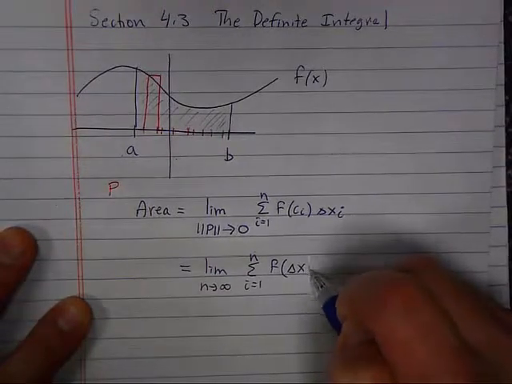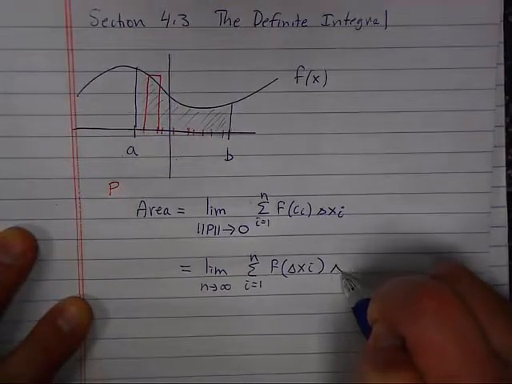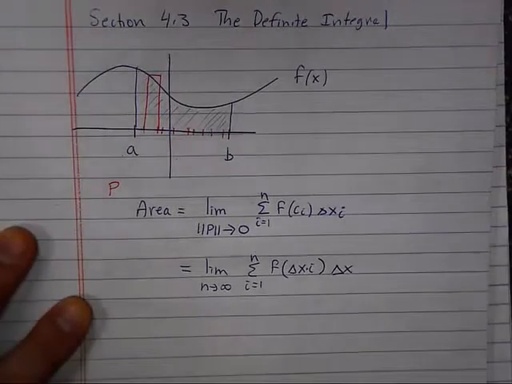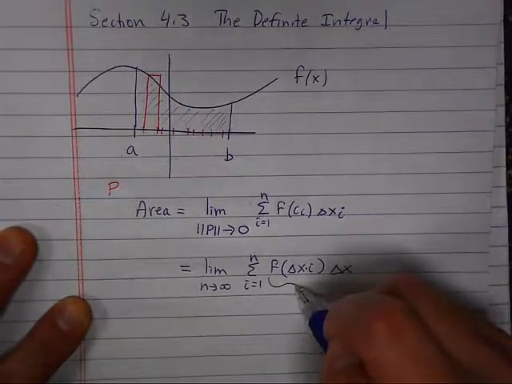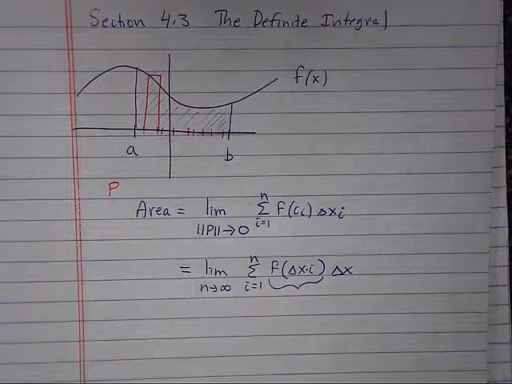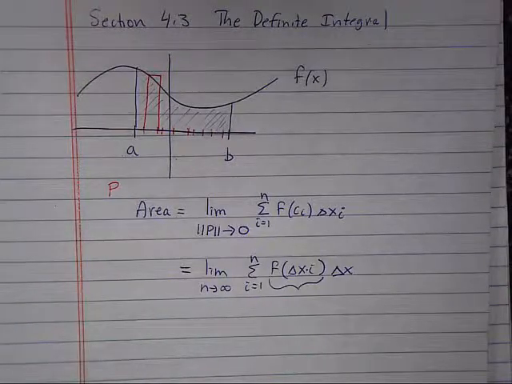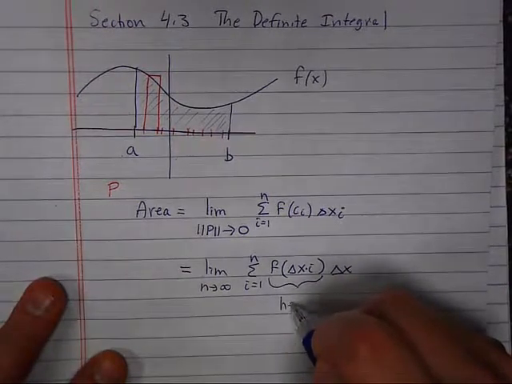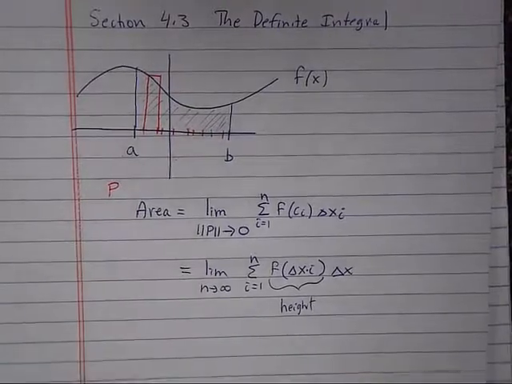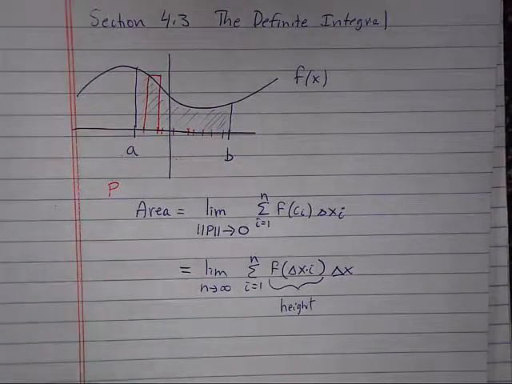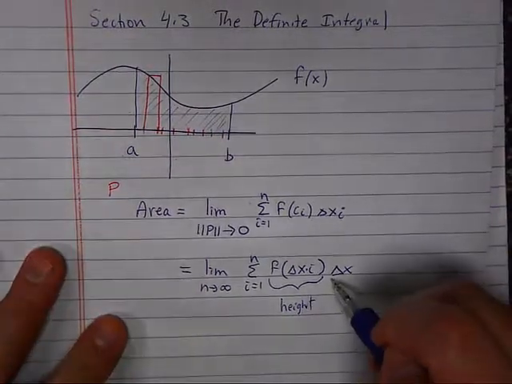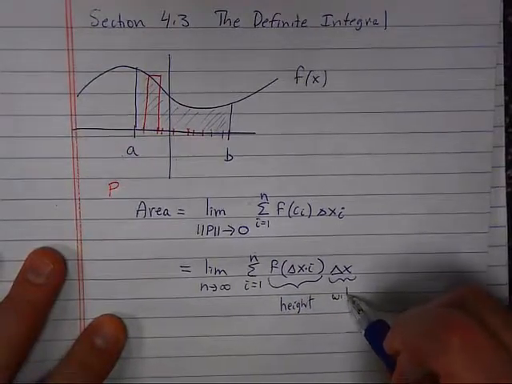Delta x. In this case, it was times i. So what was this f? What did that stand for in terms of the rectangles? That was the height of each rectangle, assuming that we always use the right-hand side, correct? And what was this? This was the width of each rectangle.